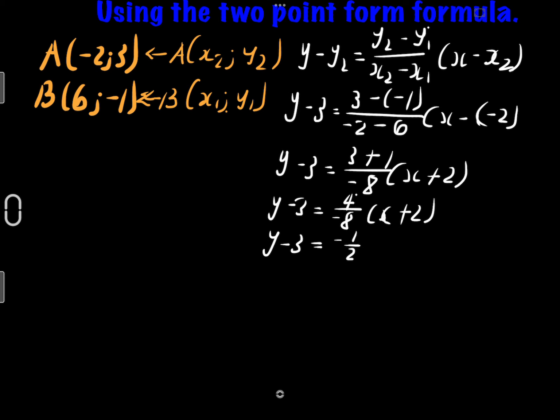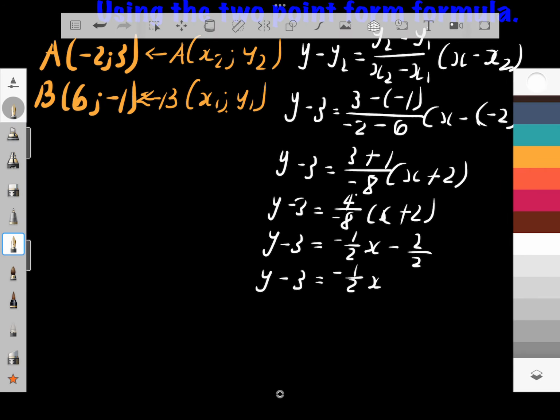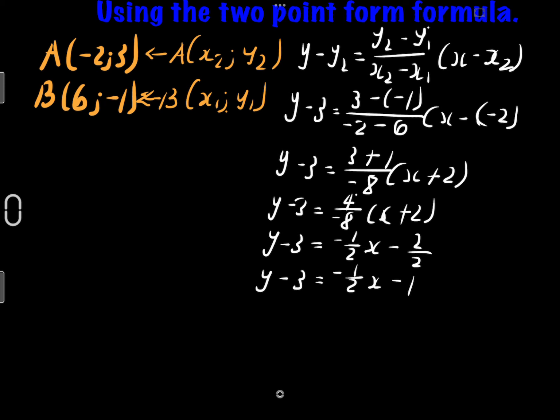So we have 1 over 2 multiplied by x is a half multiplied by x, and then remember we have 2 over 1, which gives us simply 2 over 2. Okay, so we have y minus 3 is equal to negative 1 over 2x minus 1. That's what we essentially have at this stage.